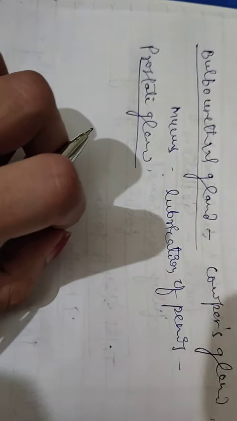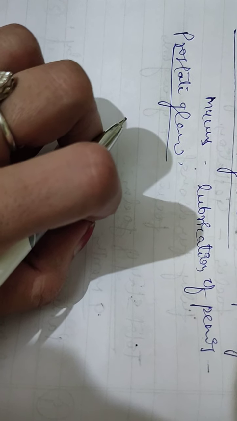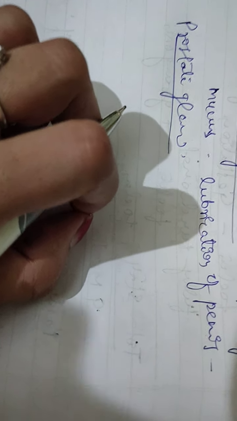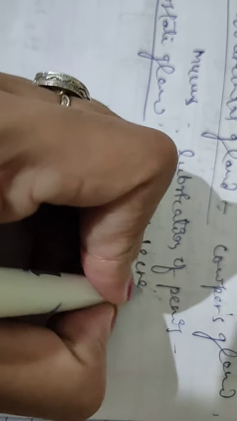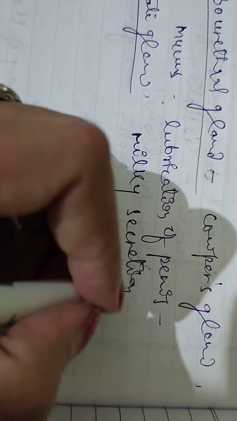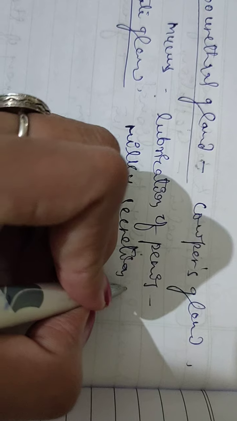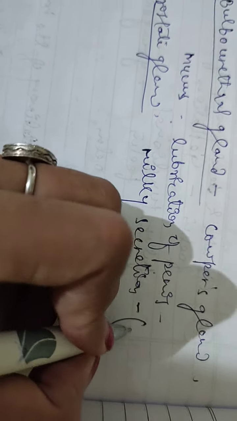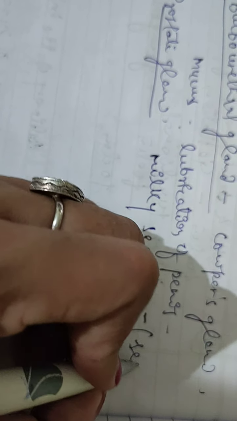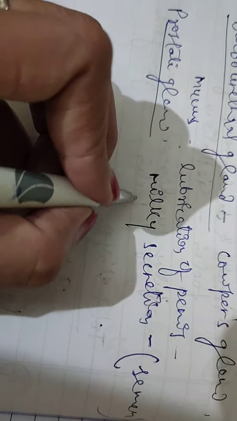Next is the prostate gland. Prostate gland, it is very important. It surrounds the urethra and produces a milky secretion which forms a considerable part of the semen. So in semen, the most part is the secretion of the prostate gland, milky secretion.